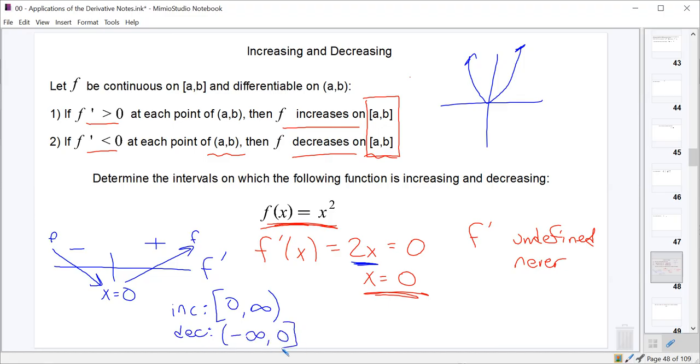And you'll note that I included 0 with a bracket for both of those intervals, because that is a defined point on the function. But infinity will still be put into a parenthesis because it will always be in a parenthesis. Infinity is not a closed endpoint. So these are the intervals on which our function increases and decreases.